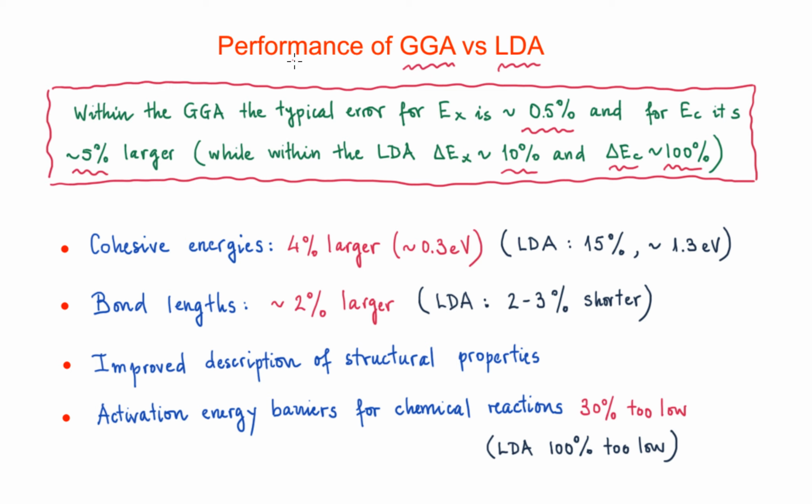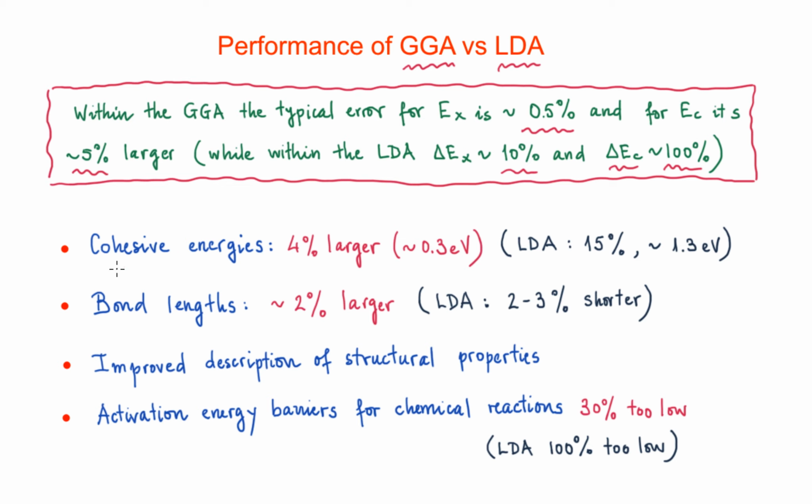In order to analyze the performance, we are going to characterize it by analyzing different properties. It's like a summary of the behavior of the GGA and LDA for different systems, like making an average of the performance of these functionals.